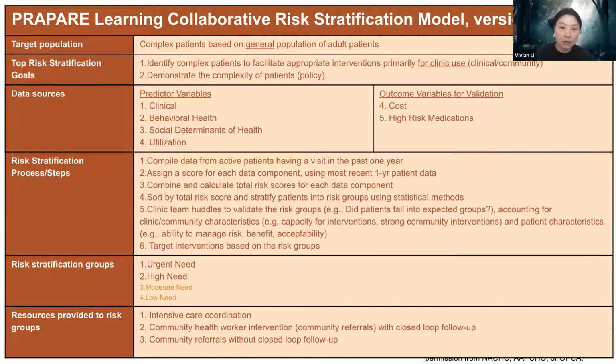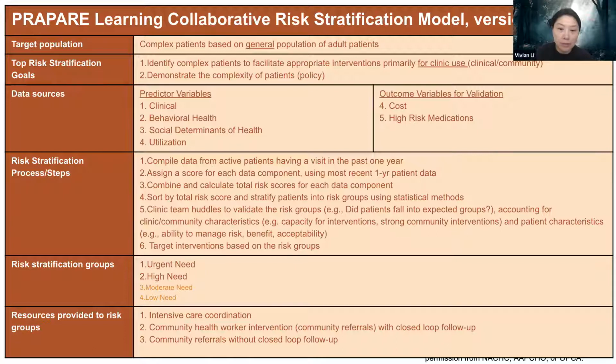And overall, this stakeholder-vetted risk stratification model includes 4 components: clinical, behavioral health, social determinants of health data as informed by PRAPARE, and utilization.